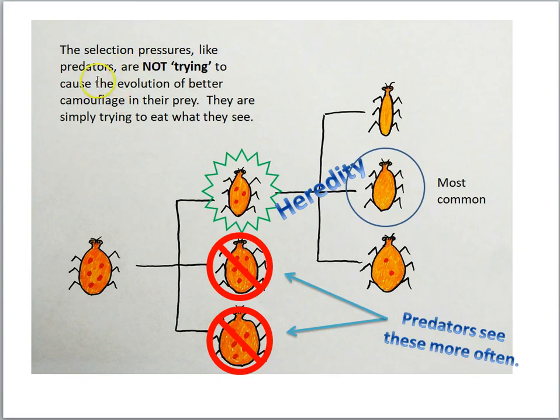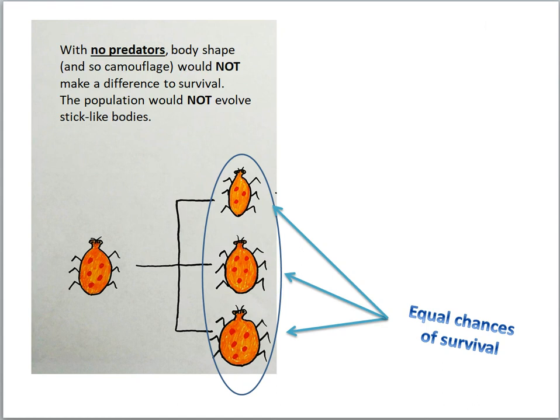The selection pressures, like predators, are not trying to cause the evolution of better camouflage in their prey. They are simply trying to eat what they see. So again, there's no sort of intelligent process going on here. Certainly the birds don't want the stick insects to become better camouflaged, but nevertheless, their eating behavior is driving an evolutionary change in their prey.